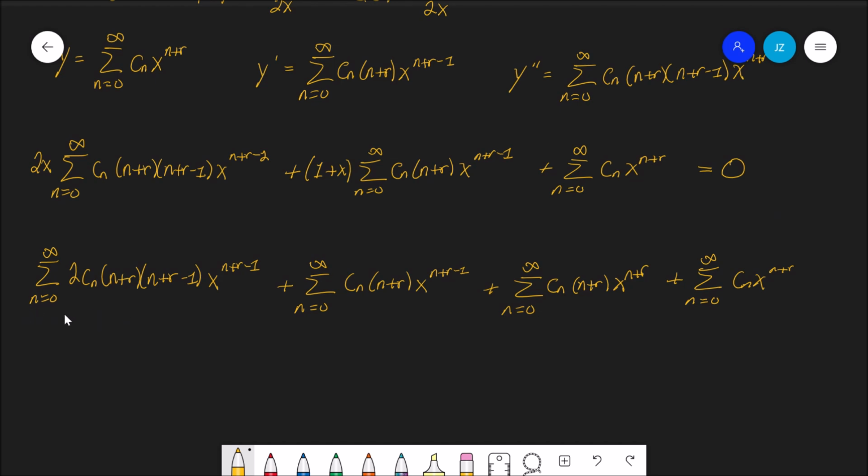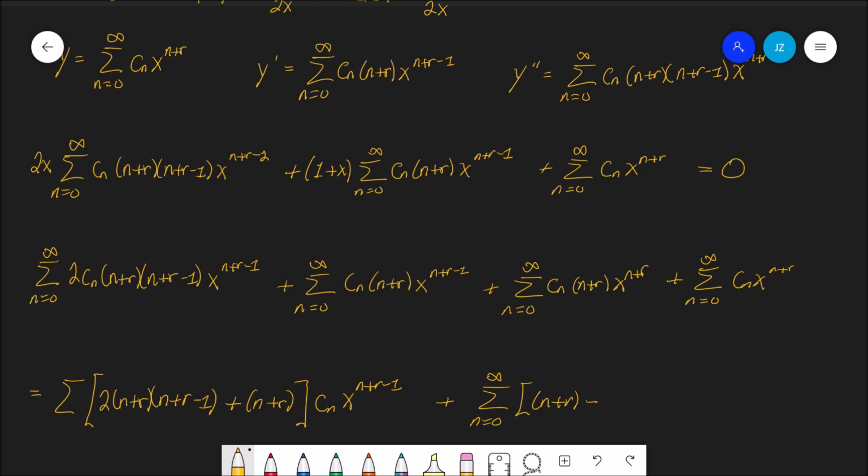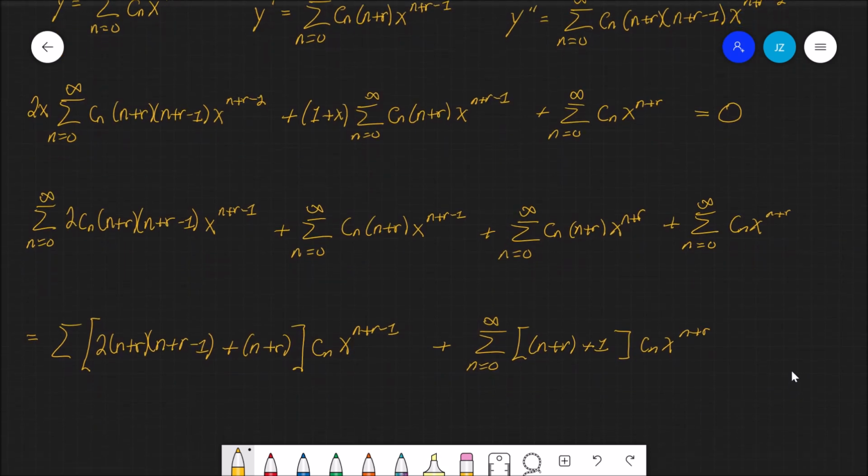We will now combine the two summations that have x to the n plus r minus 1 and the two summations that have x to the n plus r. Notice we also factored out a c sub n from both of them.